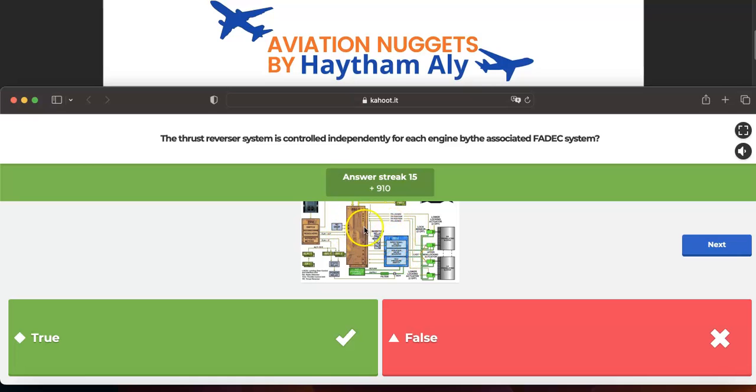Yes, the EEC needs other assistance from the EIU and from the SIC, but the EEC is the main computer for thrust reverser system operation, and the FADEC system is the main system to operate the thrust reverser system. FADEC is the EEC plus engine systems. So EEC and engine thrust reversal systems are part of the FADEC.